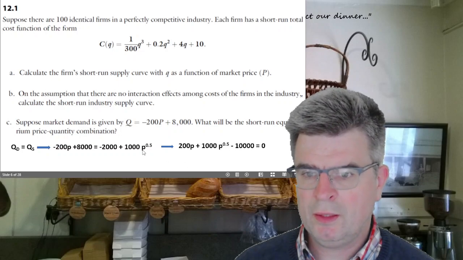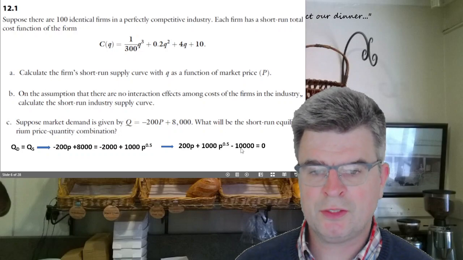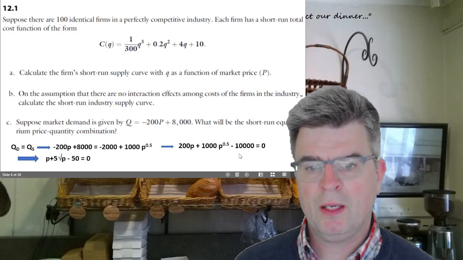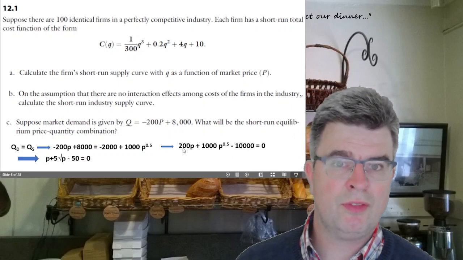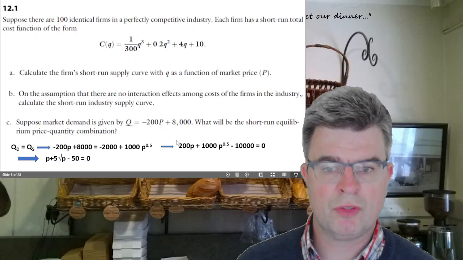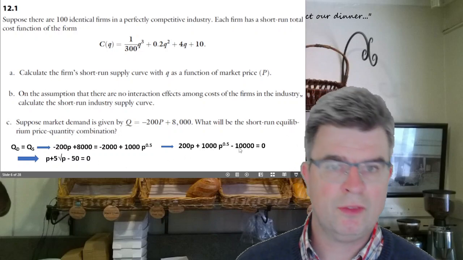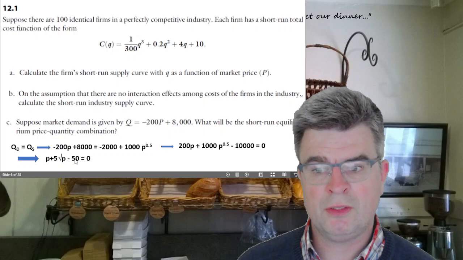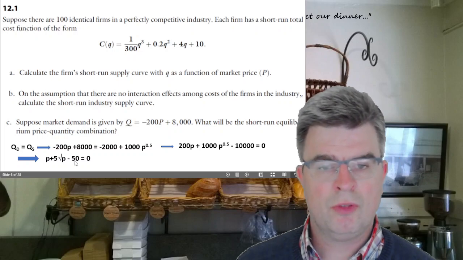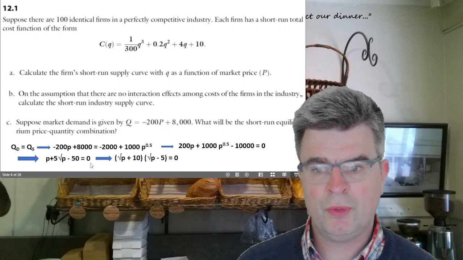So bringing all this to the left-hand side of the equation, we arrive at this expression over here, and we can divide the left-hand side and the right-hand side by 200 in order to get rid of the 200 here. 1000 over 200 is equal to 5, and 10,000 over 200 is equal to 50. So now we have a simple expression which we can simplify further.